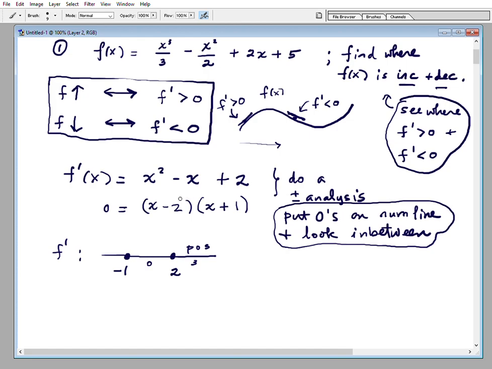X squared minus x plus 2. Okay. We substitute in 3, we get positive, positive. Substitute in 0, we get negative, positive. This should be negative.